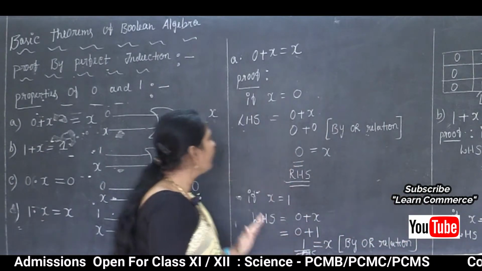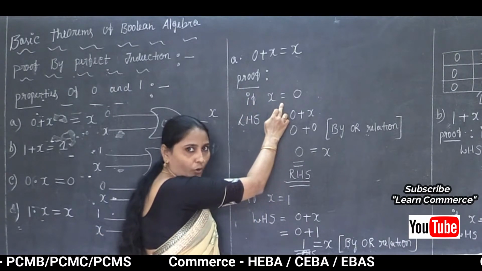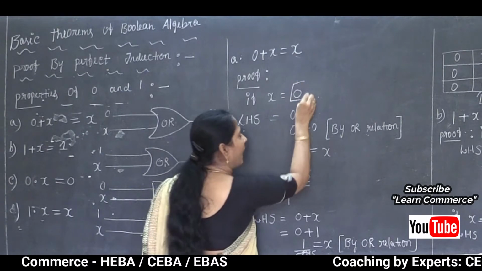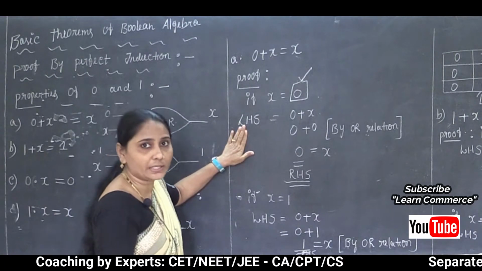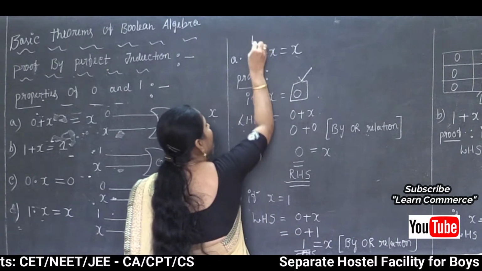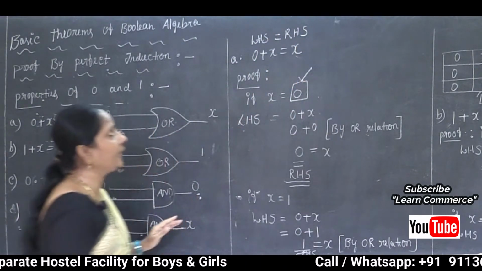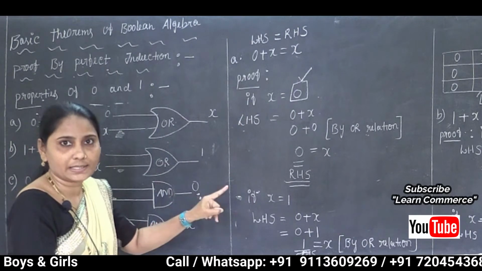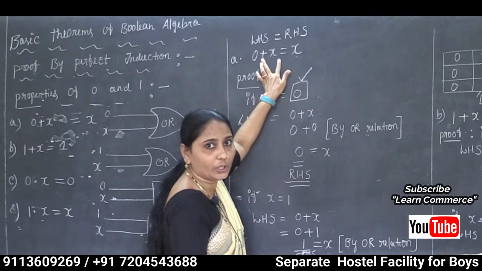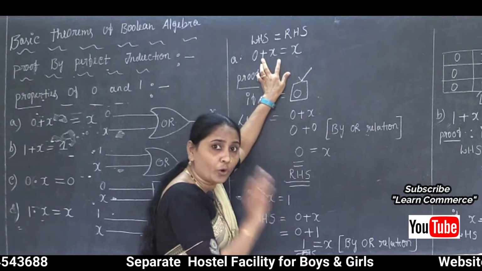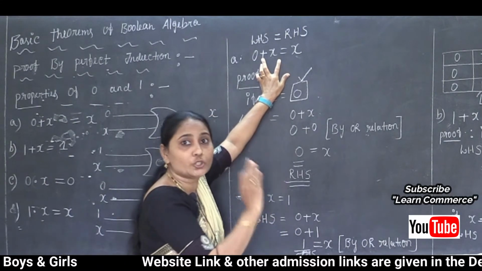So if the value of x is 0, I use 0 for x. This is the left-hand side and this is the right-hand side. In the left-hand side, the value is 0 plus x, and in the right-hand side, the value is x. We need both values to be equal. Only if both values are equal can we say the property is proved.